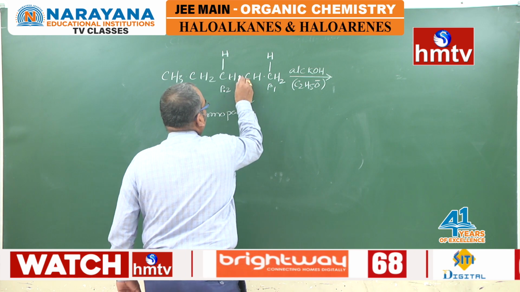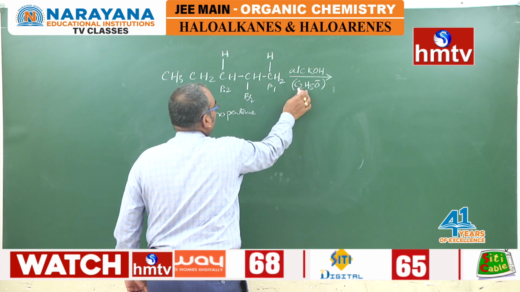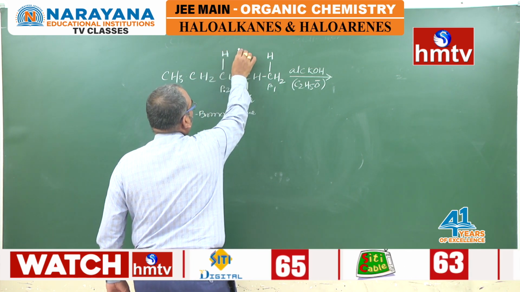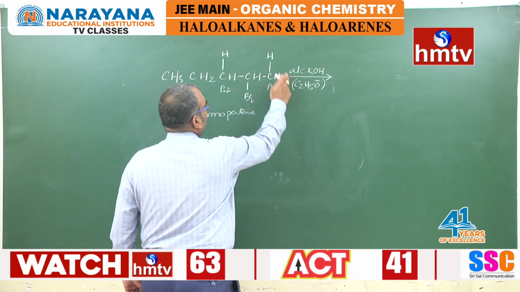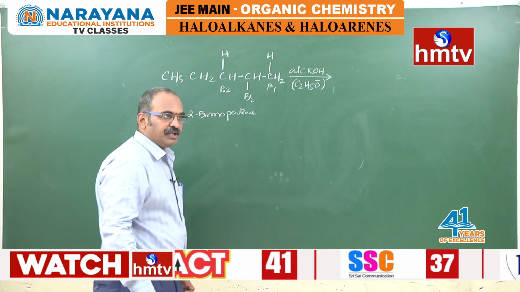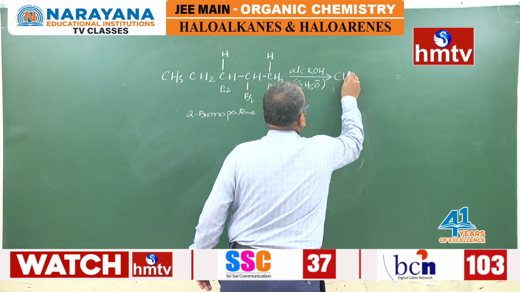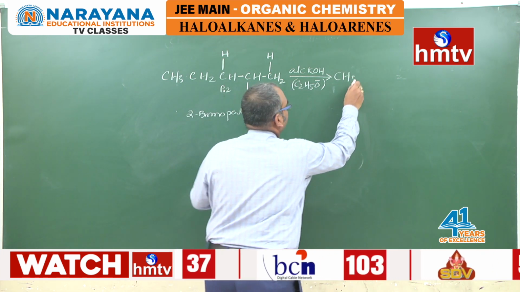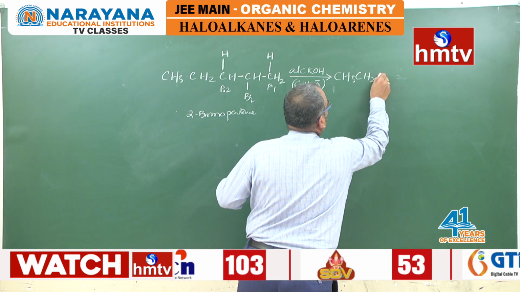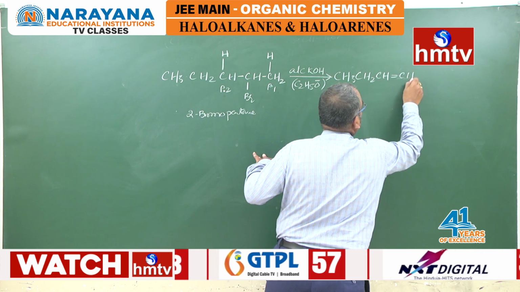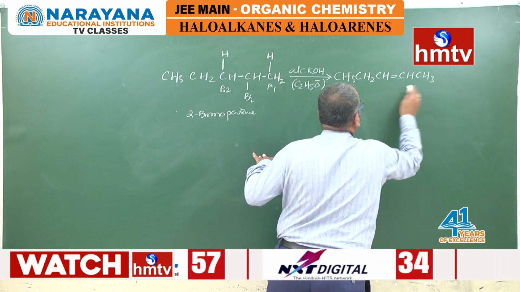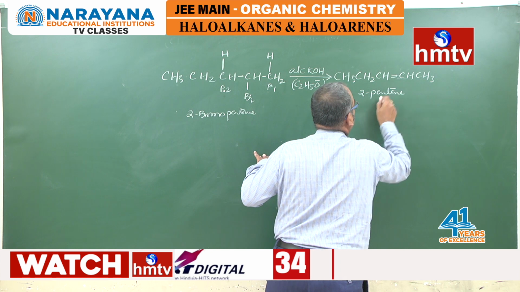Now what will happen is, if ethoxide ion consumes this proton, you will get 2-pentene. If ethoxide ion consumes this proton, you will get 1-pentene. So two different products are possible: CH3, CH2, CH, double bond, CH3. This is 2-pentene.